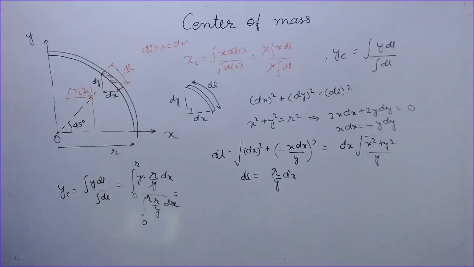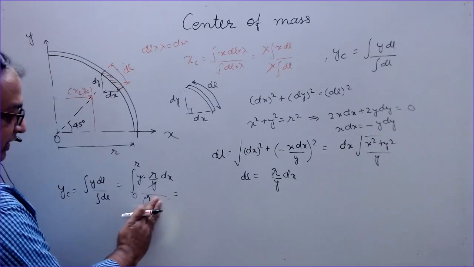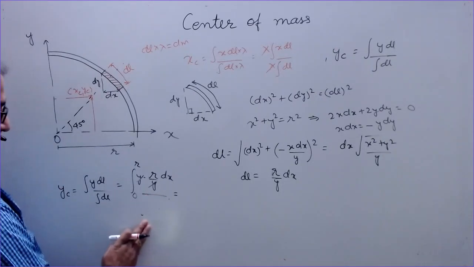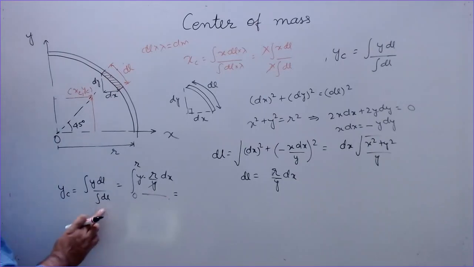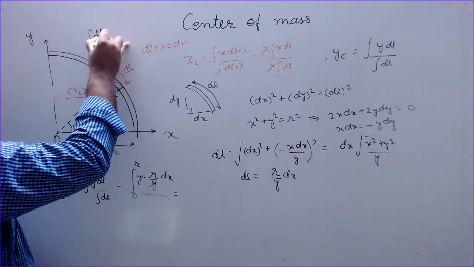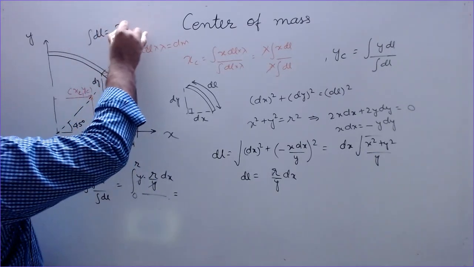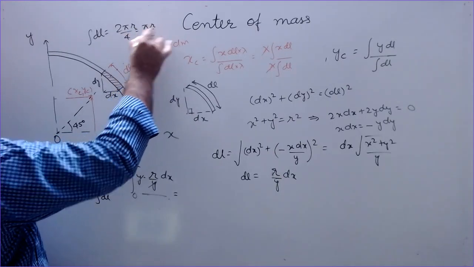So what is the total length? Now here, this you should remember. Here I need not put this value because the mass density is constant per unit length. So what I have to do here is the total length, integral of dl, of this is 2 pi r divided by 4, pi r divided by 2.